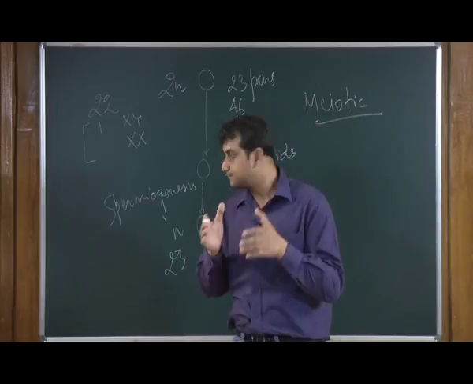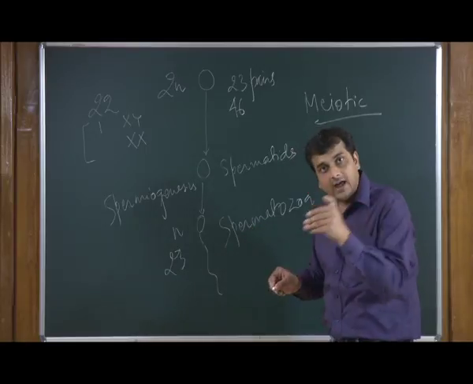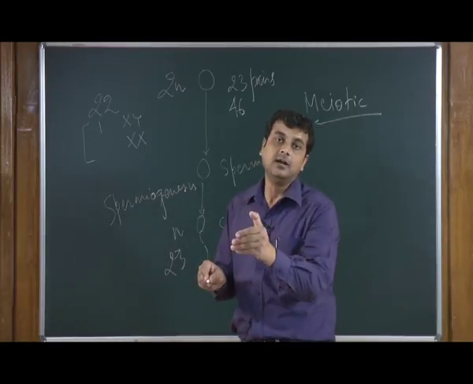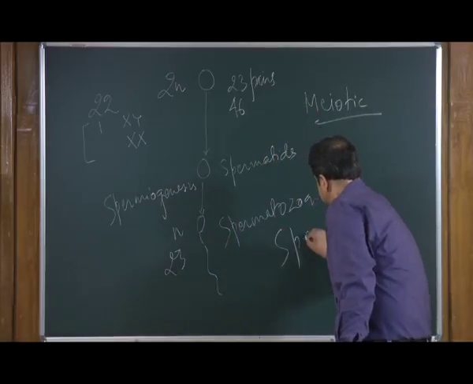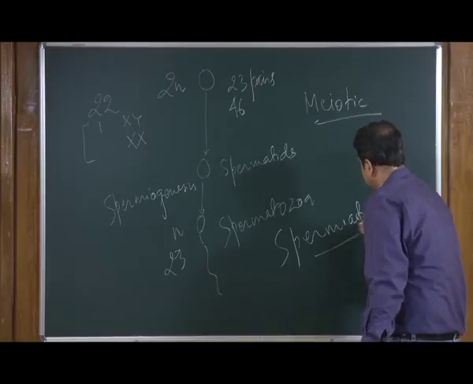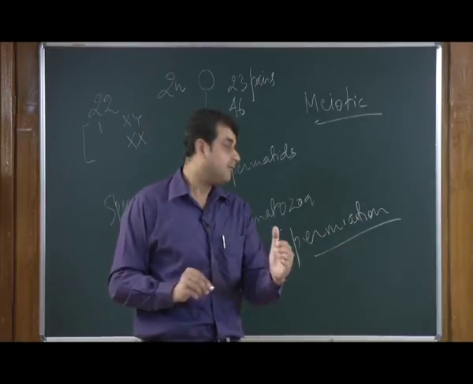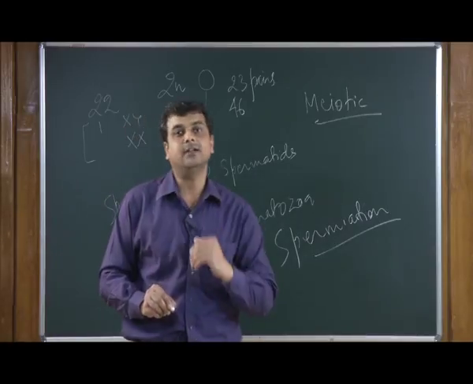Once the already formed spermatozoa travels towards the seminiferous tubule, the process is called spermiation. Spermiation is the passage of formed, fully differentiated spermatozoa towards the seminiferous tubules.